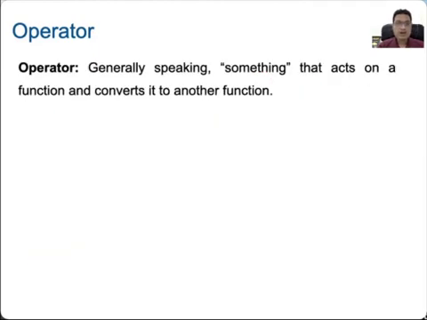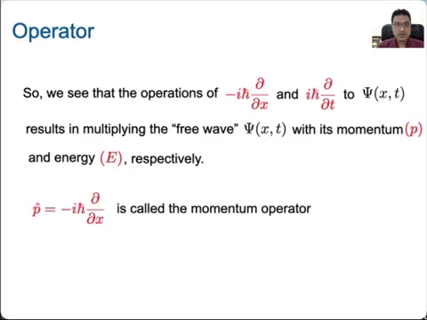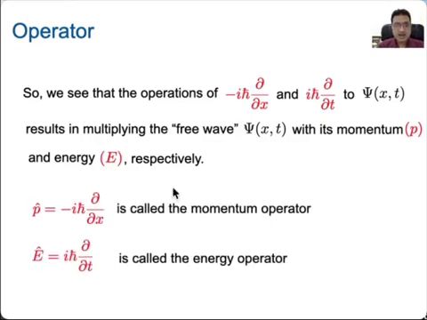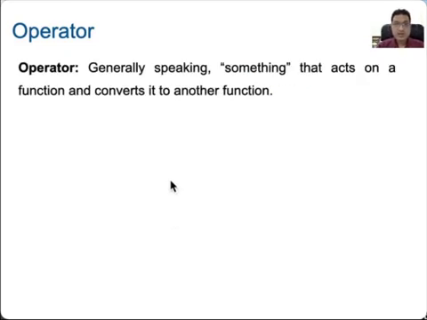Okay, I will come back to this point. At this point maybe it's not very clear, so let's agree that when we apply this operator to this free particle function, it gives a momentum, and this operator gives an energy, so we can call these two quantities the momentum operator and the energy operator. So what are operators?